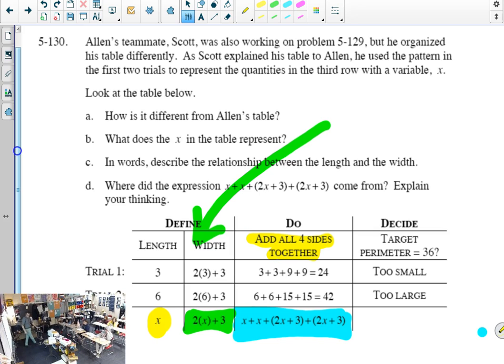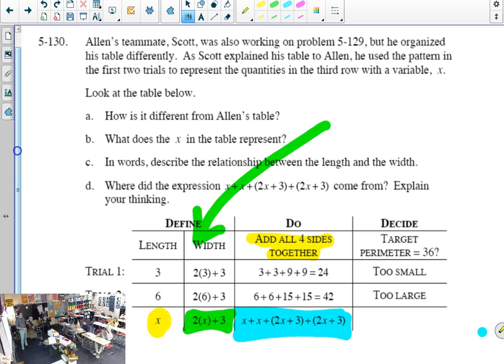Jesse, do you know what that expression, highlighted in blue, represents? When you add up the sides of a shape, what is that?